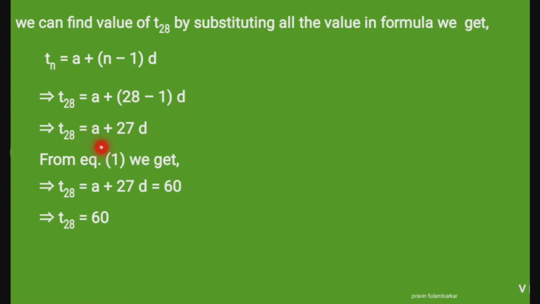So T28 equals a plus 27d. So from equation 1 we get T28 equals a plus 27d, which is 60. So we substitute a plus 27d by 60. So we get T28 equals 60.